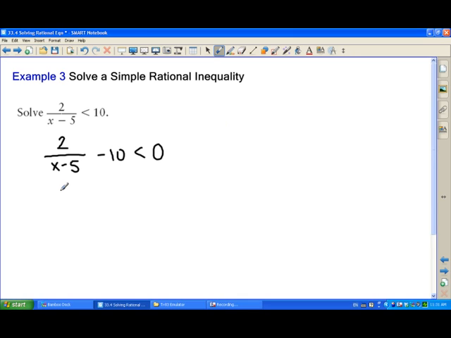And then I'm going to gather my terms together by finding a common denominator that I can multiply 10 by so that I can add these two terms together. And that common denominator would be x minus 5.